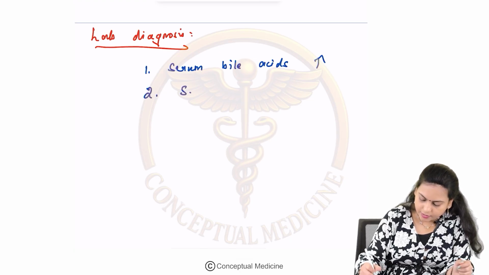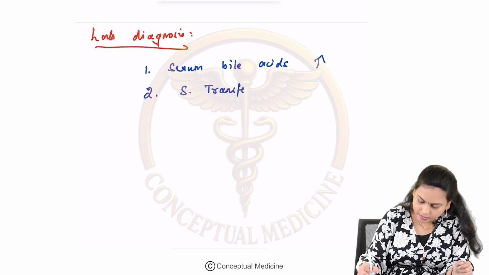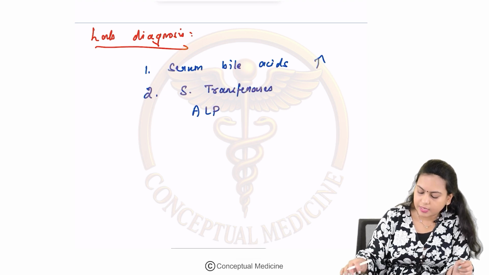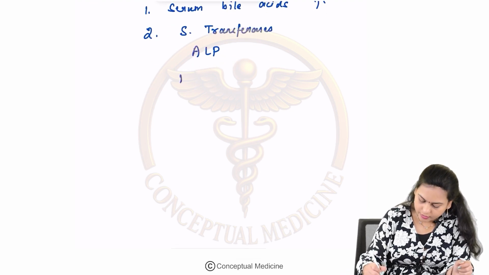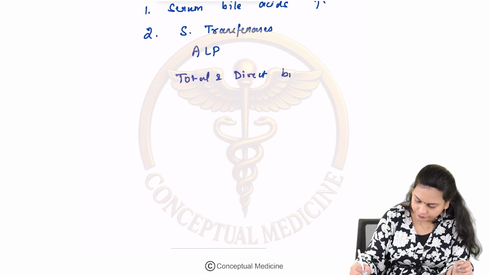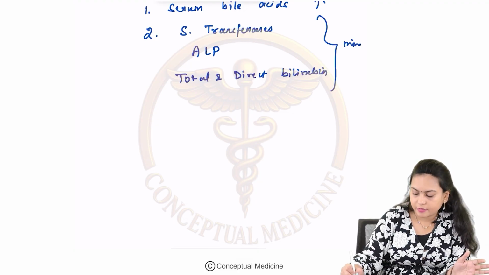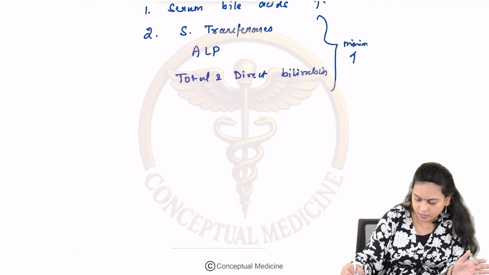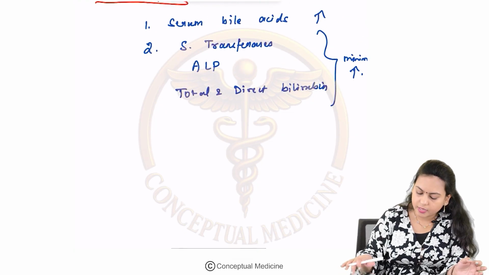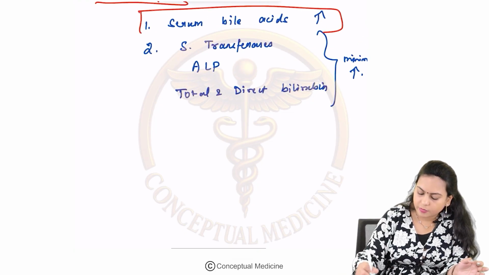There can be elevation in serum transaminases or the ALP or even the total and direct bilirubin levels, but these are minimally elevated, or maybe absent also, but serum bile acid elevation is very important.